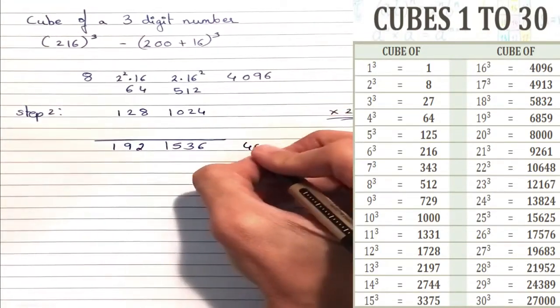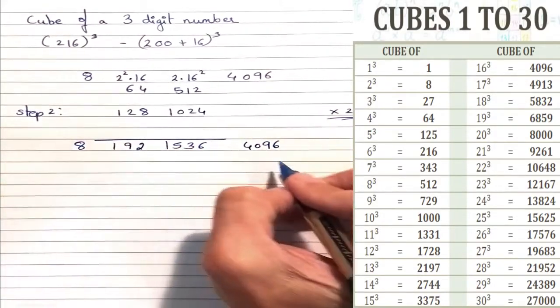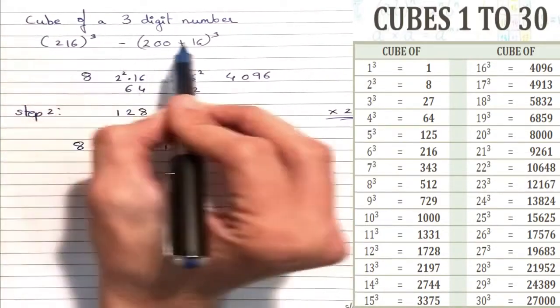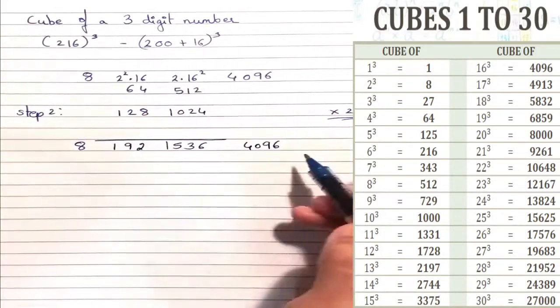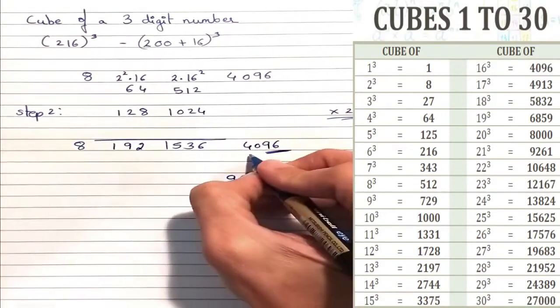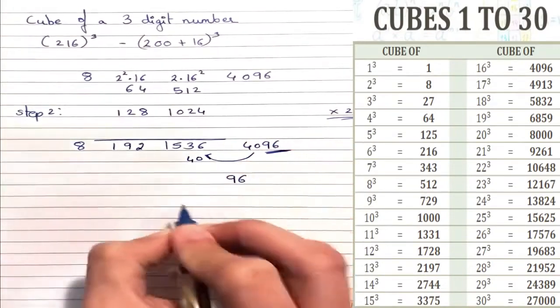And the first and the last numbers will remain the same. Now, since this is a 3-digit number, we are going to retain 2 digits and carry the rest. So of 4096, we are going to retain 96 and carry over 40.